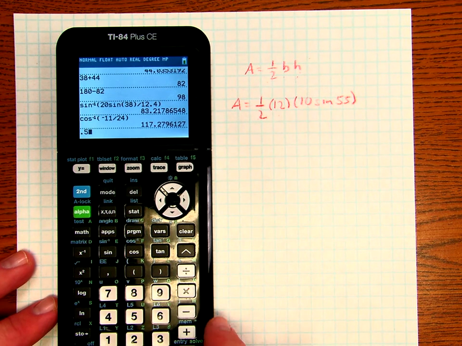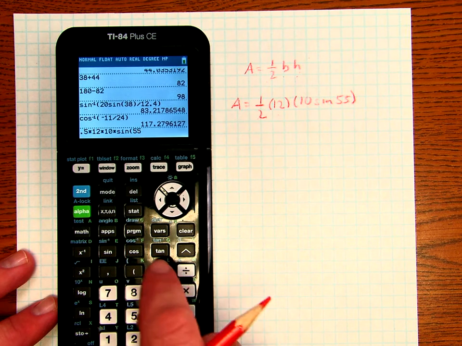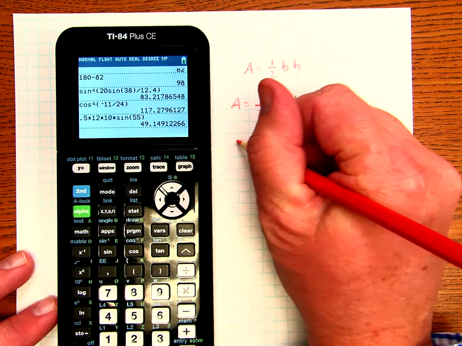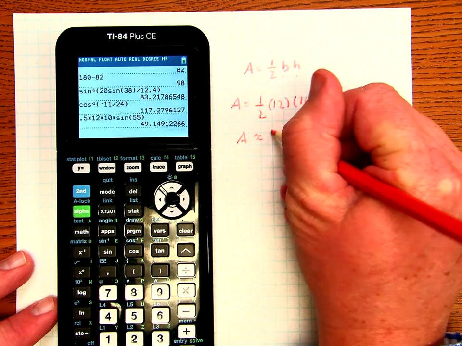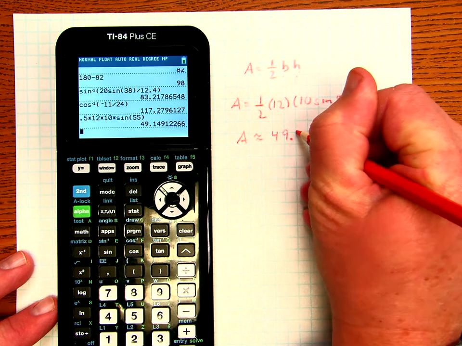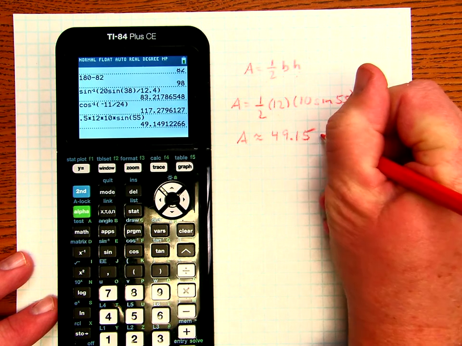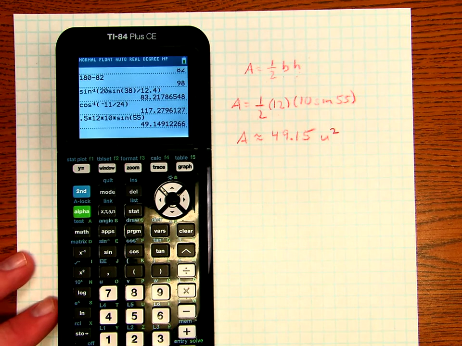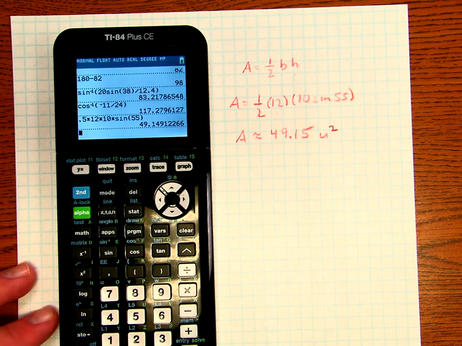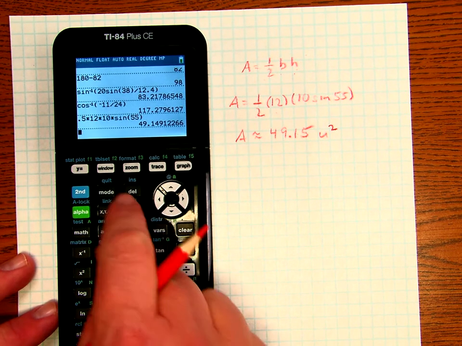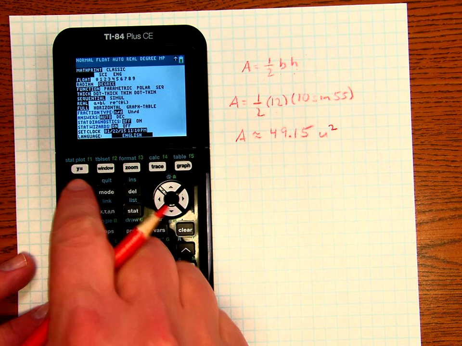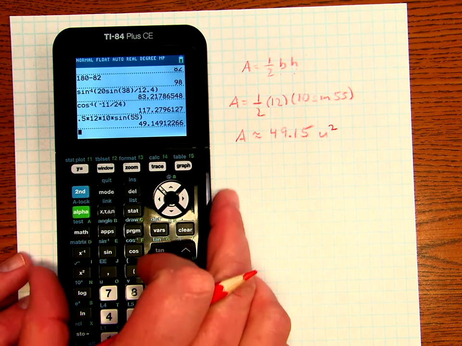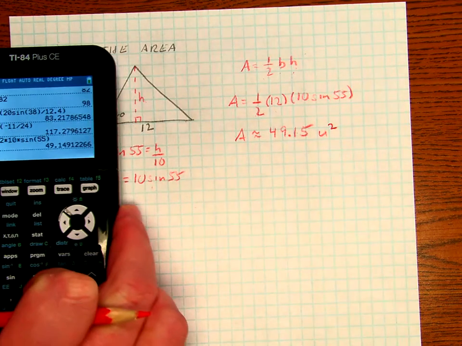So 0.5 times 12 times 10 times sine of 55, and we get the area to be 49.15, and we don't have meters or feet or anything like that. We're just going to use the generic u squared for units. And I suppose one thing I should have done before I did that is check to make sure I'm in degree mode. Yes, I am. So that seems pretty good.